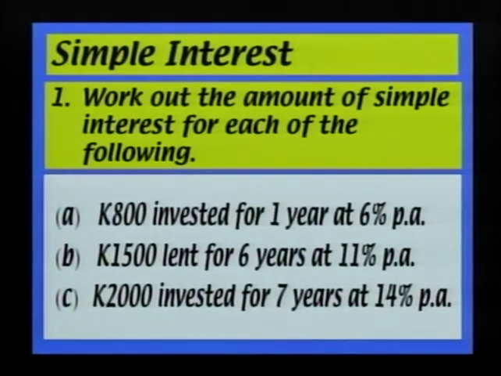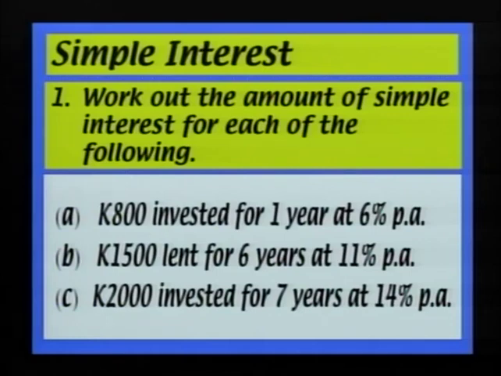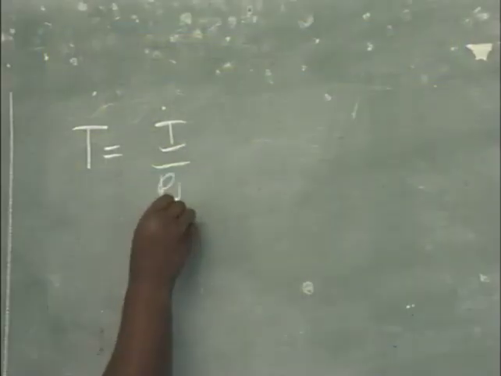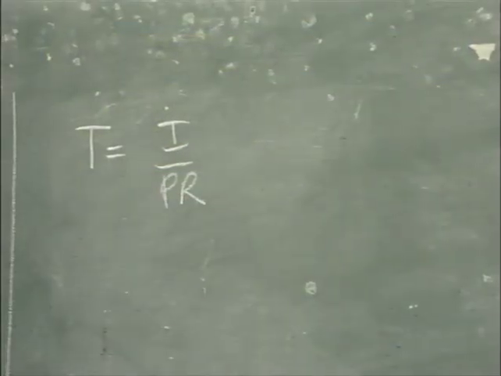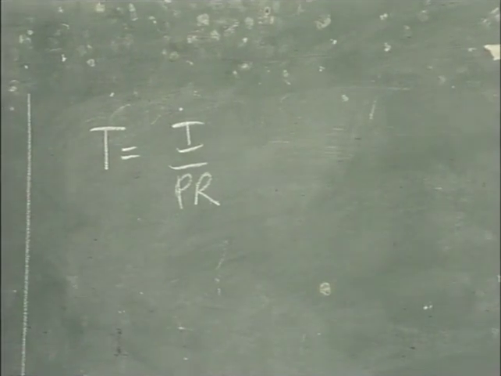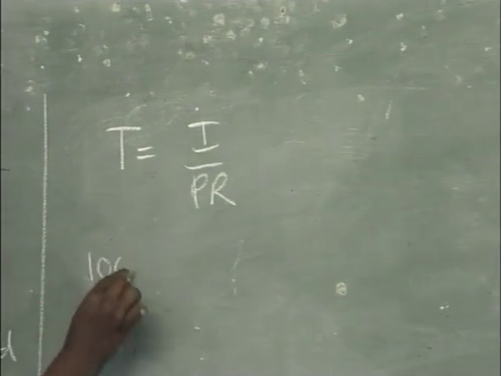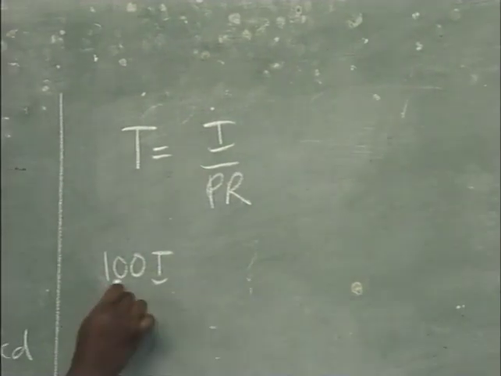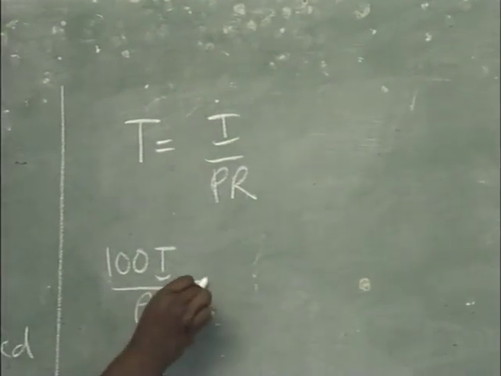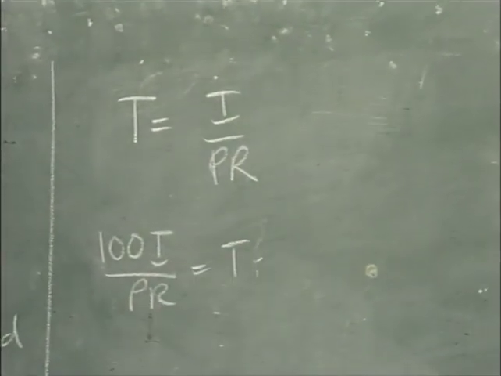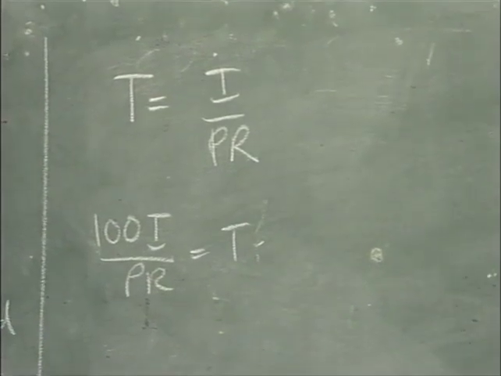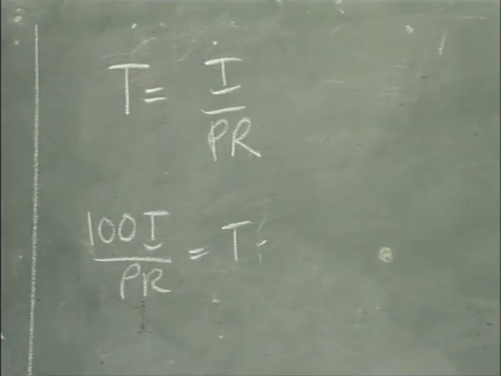I over PR. Don't forget, R is always divided by 100. So what I do is, I say 100I over PR, just so that I don't forget that R is divided by 100.